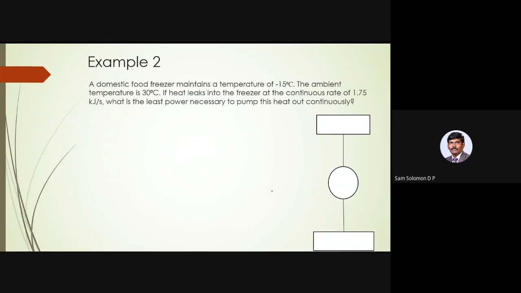Q2 is given as 1.75. Minus 15 is your T2, 30 is your T1. So try and draw the line diagram for this quickly, and indicate Q1, Q2 and W in your diagram. Try and see if you are able to do this on your own.